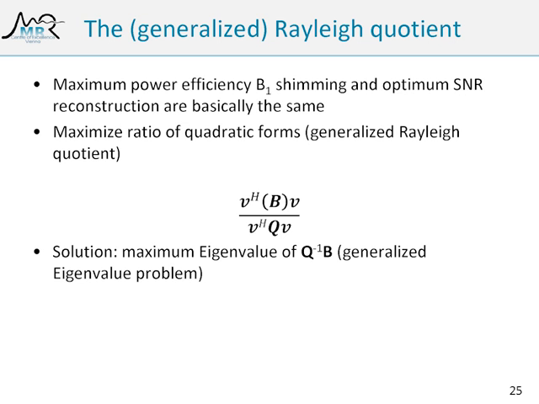So in the denominator, we need an expression for the noise power. This is basically magnetic field energy, and this is an expression for the noise power. And so this Q, that's just again one of those power correlation matrices or noise correlation matrix, and we want to maximize this.